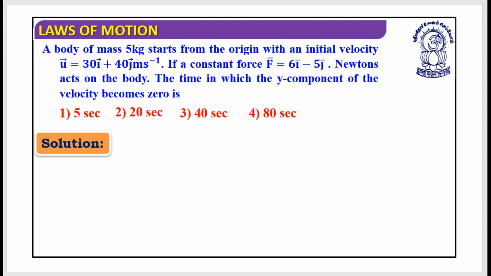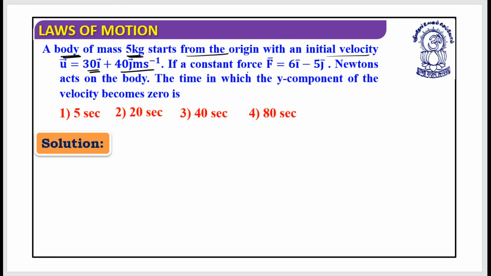What does it say? It says that a body of mass 5 kg starts from the origin with an initial velocity of u equals 30 i plus 40 j meter per second.